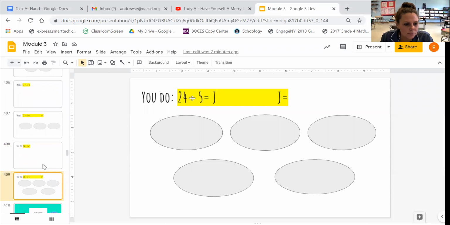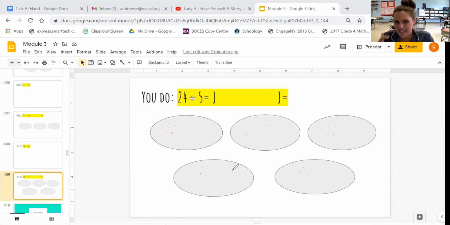All right, so when we divided them up, we realized that we're dividing them amongst 5 friends. So we're going to divide this number up by 5. 1, 2, 3, 4, 5, 6, 7, 8, 9, 10, 11, 12, 13, 14, 15, 16, 17, 18, 19, 20, 21, 22, 23, 24.